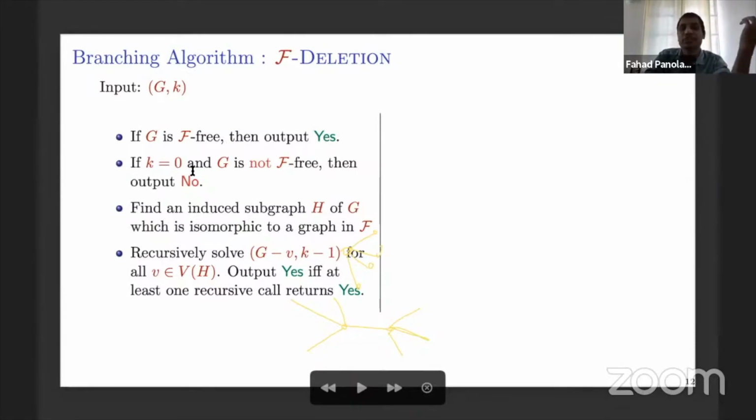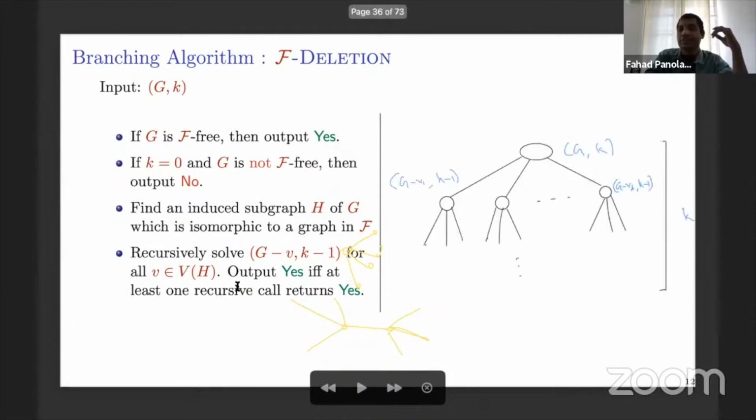If k equals 0 and G is not F free, then it is a no instance. Otherwise, you just find an induced subgraph H of G which is isomorphic to a graph in F. Then you know that one of the vertices from H needs to be in the solution. So you recursively solve G minus v, k minus 1, for all v in H, and output yes if and only if at least one of the recursive calls returns yes.